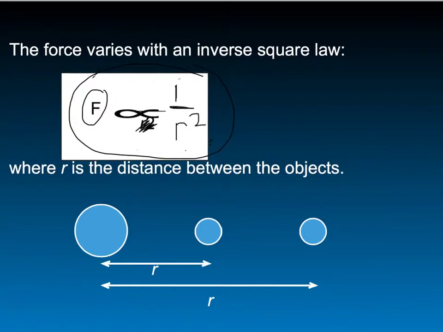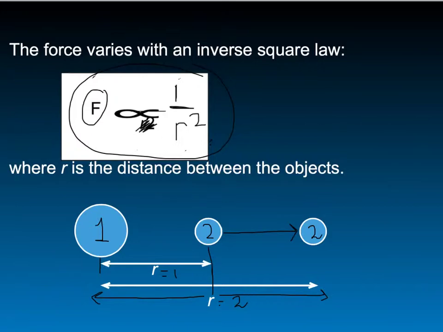So I look here. I've got my two objects, object 1 and object 2. Now they are a certain distance apart from each other. Now I'm going to make that r equal to 1. If I then move object 2 out to here, then I have doubled the distance away from object 1. So then I'm going to make that equal to 2. Okay, so I've gone 2 times the distance from object number 1.